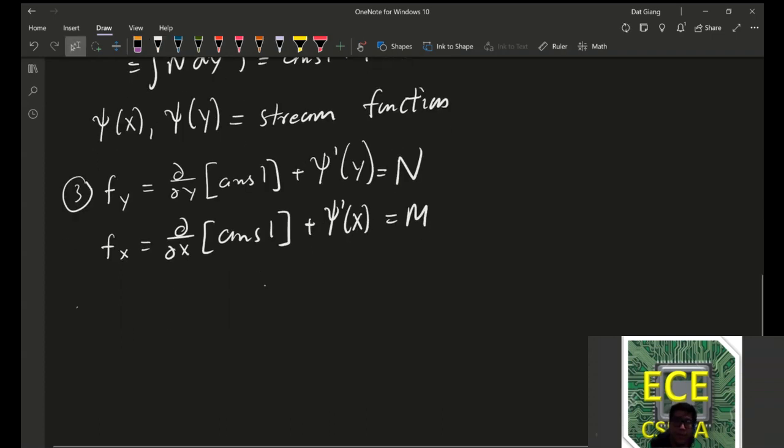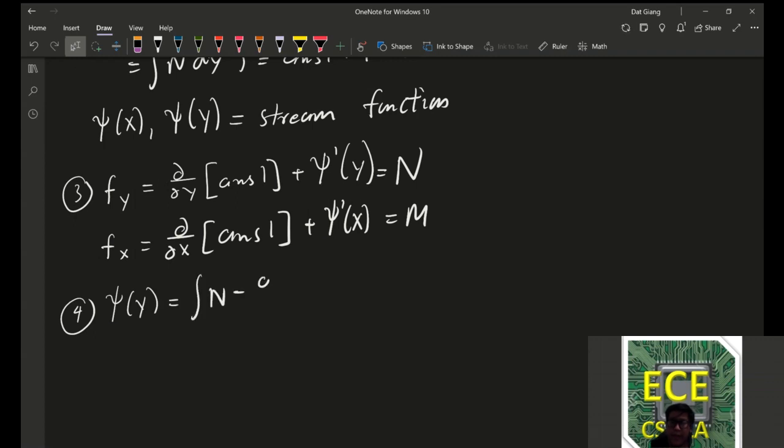Now, fourth thing we have to do, we have to find this stream function. Psi of y is equal to the integral of N minus ∂/∂y of answer 1 dy.